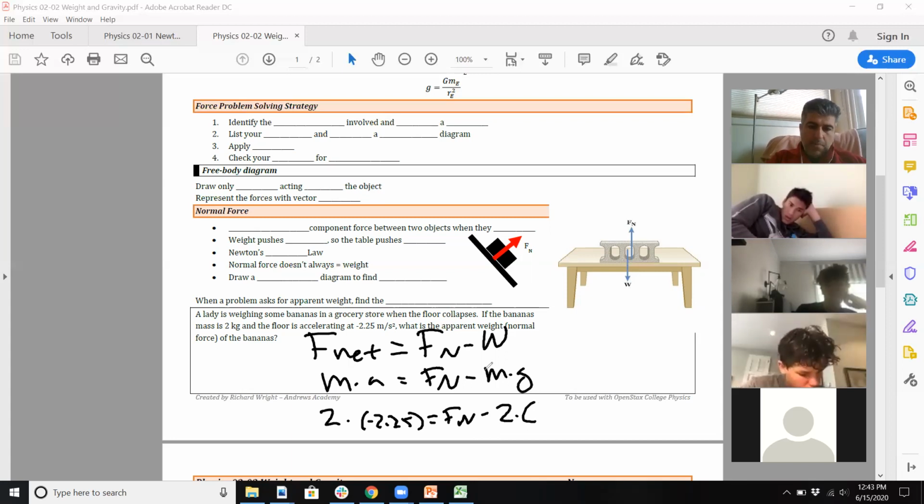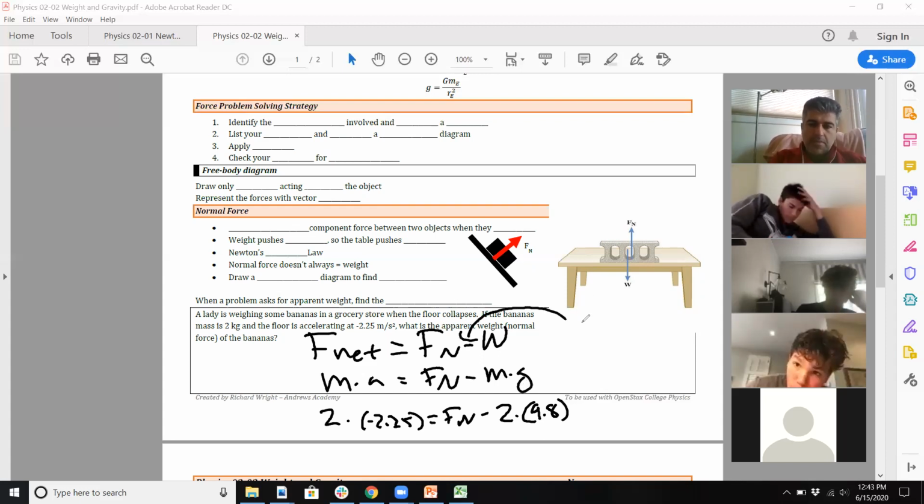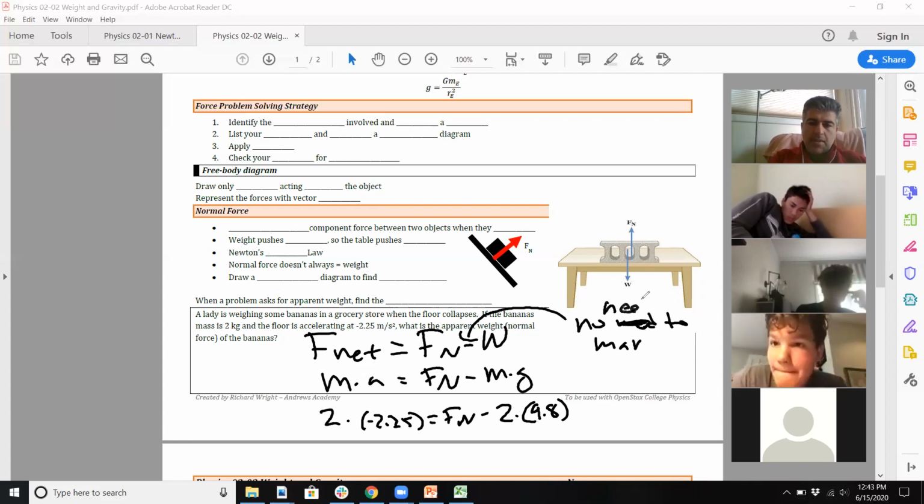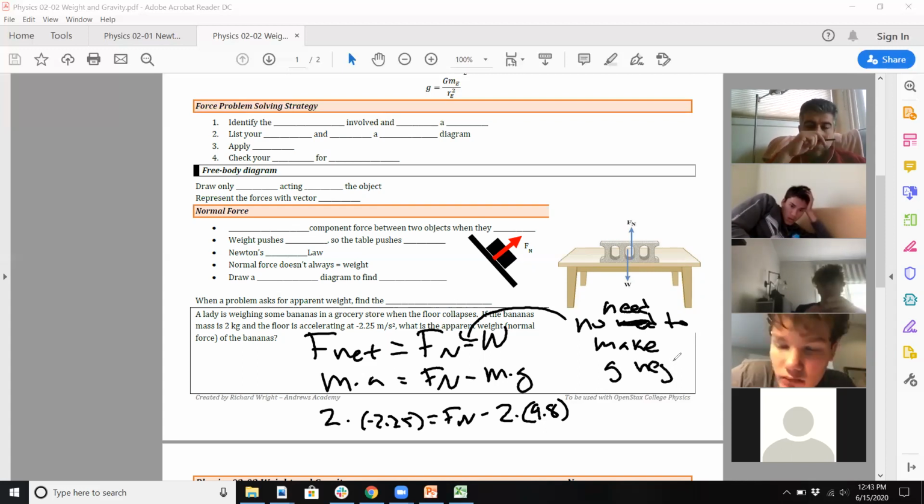Actually, because we already put a minus, because net force should be all the forces added up, but because you already have the minus here, there's no need to make g negative, because you already have the minus there.